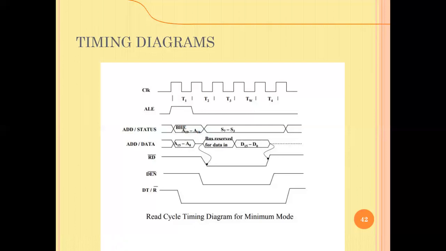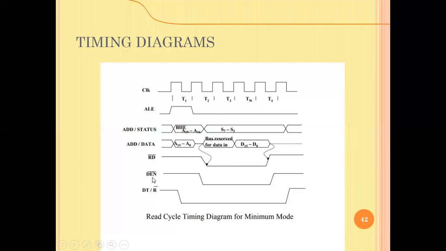Hence here we are using RD bar, nothing but read. This is an active low signal, and hence we are making it low.